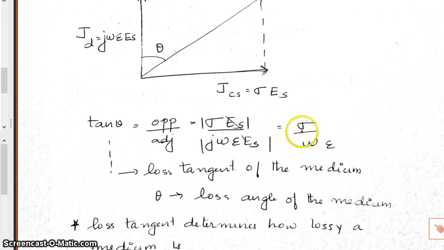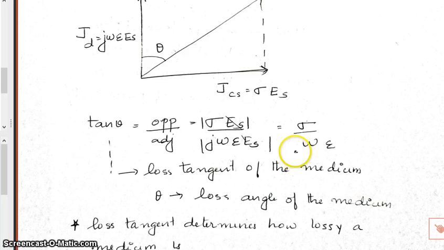I am taking the magnitude, so I can remove the j term, then Es and Es get cancelled, and finally I will get sigma by omega epsilon, where this tan theta is the loss tangent of the medium and theta is the loss angle of the medium.